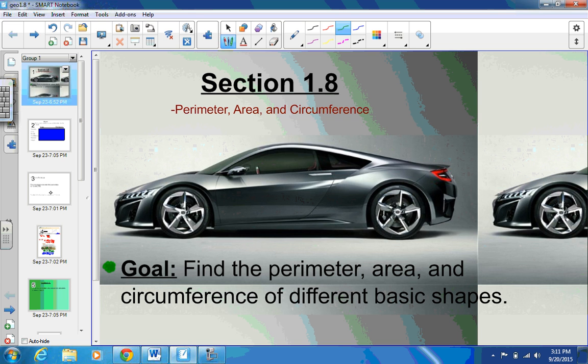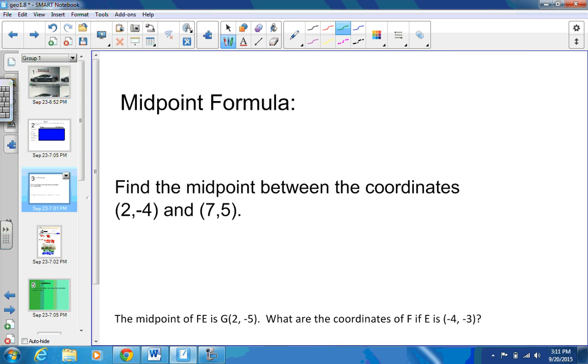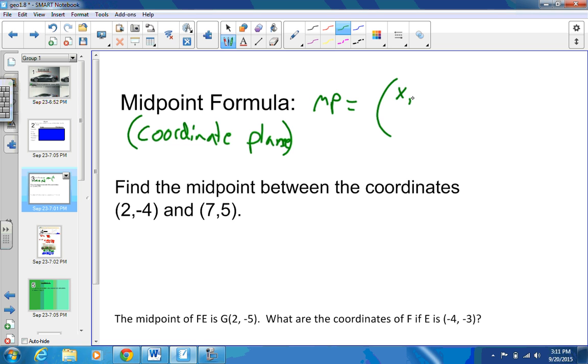Well, let's just start with a quick review. Midpoint formula of a coordinate plane. All right, that formula was your x1 plus your x2 divided by 2, and then your y1 plus your y2 divided by 2.